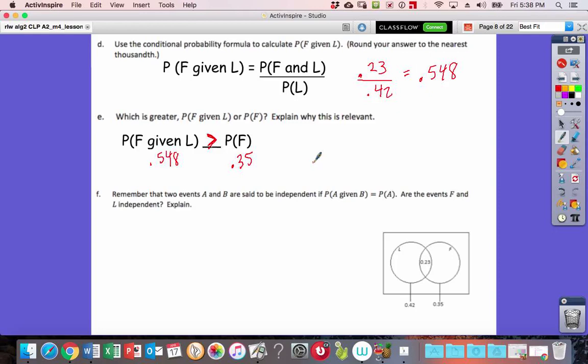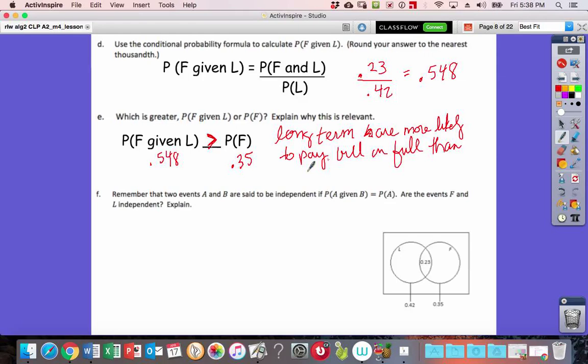It means that the long-term credit card holders, long-term guys, have a higher probability, or we could say are more likely to pay their bill in full than just a general customer. Does that make sense to you?